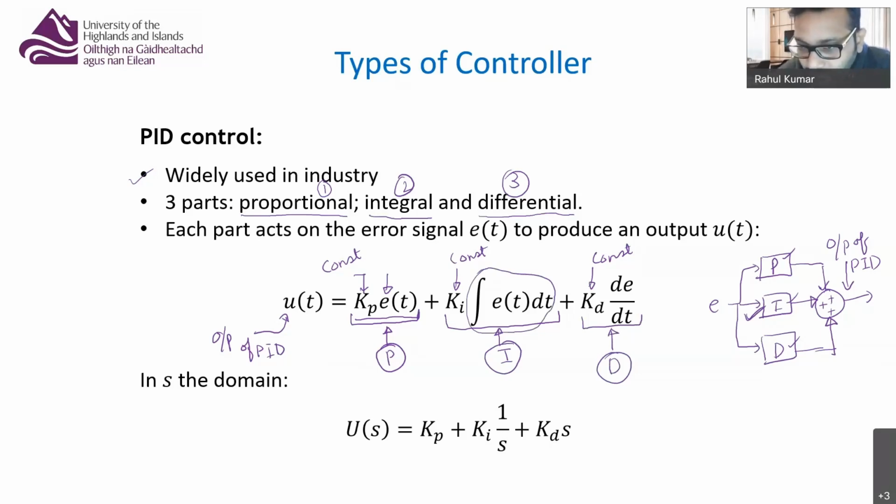Again, Kd is a constant, and the output depends on the derivative, or differentiation, of the error signal. That's how the names come about. If the output is proportional to the error signal, you have the proportional controller; if it depends on the integration of the error signal, that's the integral controller; and since the output depends on the differentiation of the error signal, that becomes the differential controller. Okay.